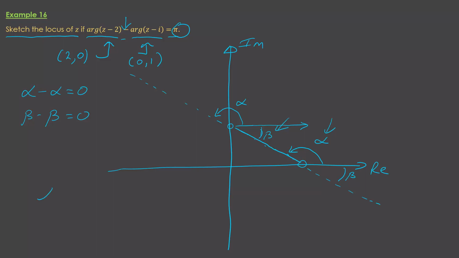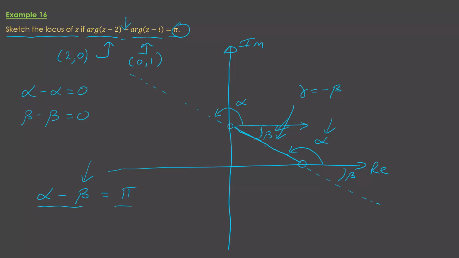For this one, alpha take away beta is going to be equal to π. Remember that beta is a negative angle there. So if we just call this gamma for a minute, and we say that gamma is equal to negative beta, then from our knowledge of parallel lines, alpha plus gamma is equal to 180. And that means that alpha minus beta is equal to π.